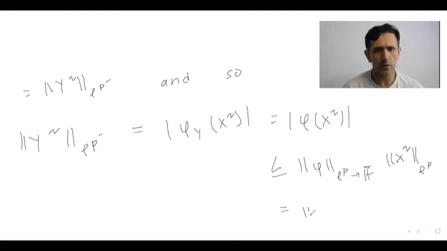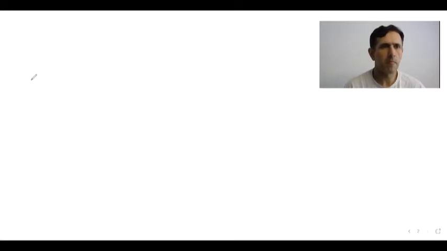So it's going to be equal to the norm of phi. Okay. So what you could do now is just basically just let big N go to infinity. Okay.